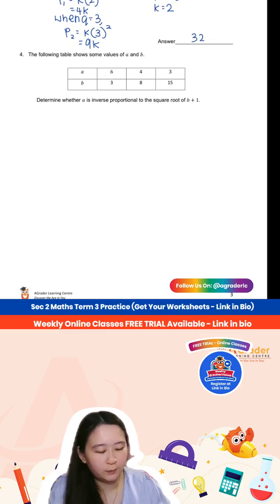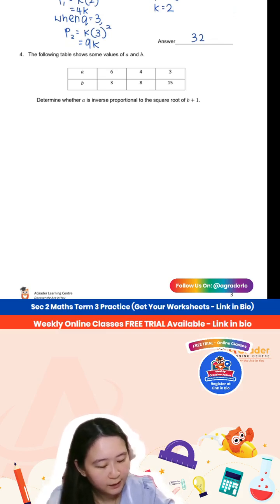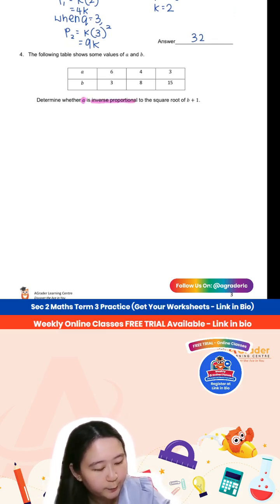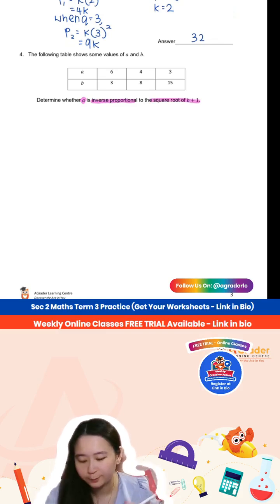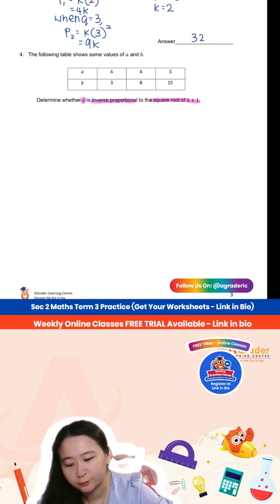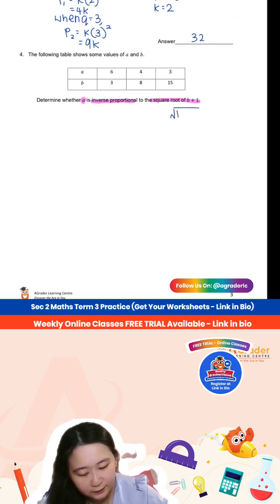So they ask you to determine whether A is inversely proportional to the square root of B plus 1. So square root of B plus 1 will be in this manner.